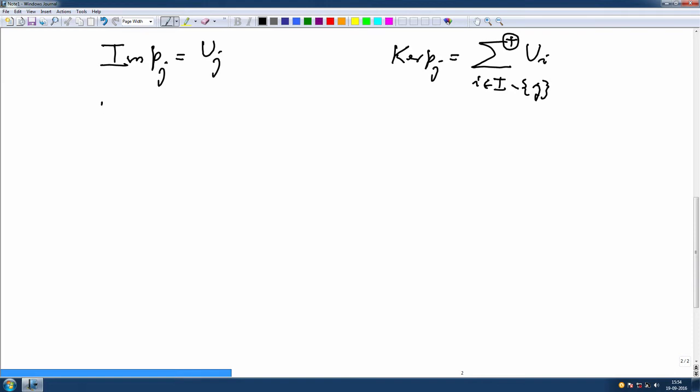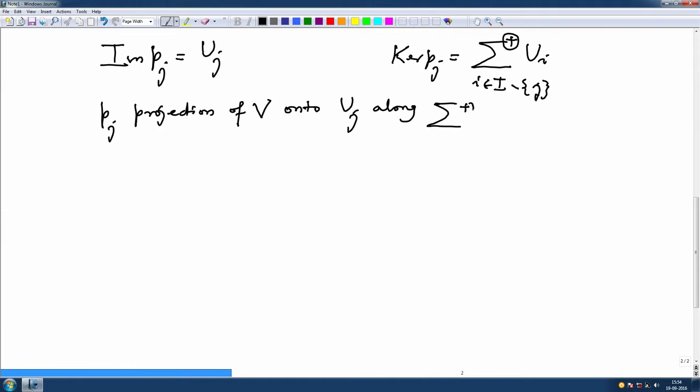So, then we will say that Pj is a projection of V onto Uj along this remaining direct sum. That is the language we have been using for projection.